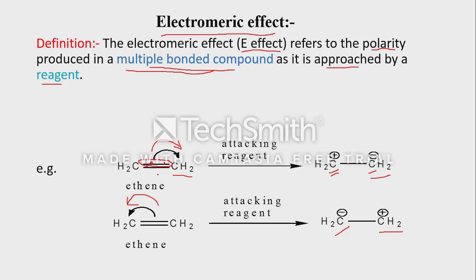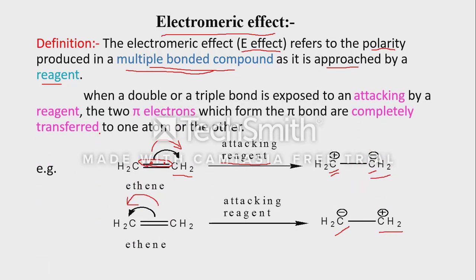So electromeric effect involves multiple bonded compounds approached by an attacking reagent. If the molecules are symmetrical, the pi bond can shift to both sides.